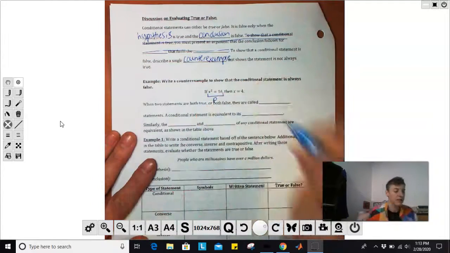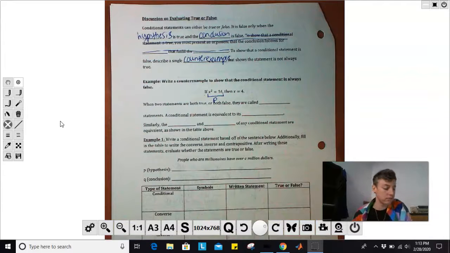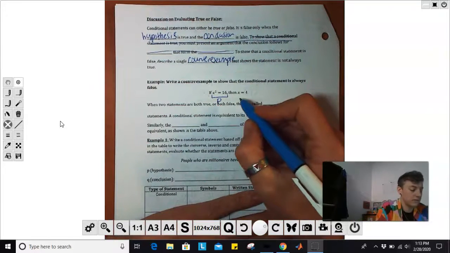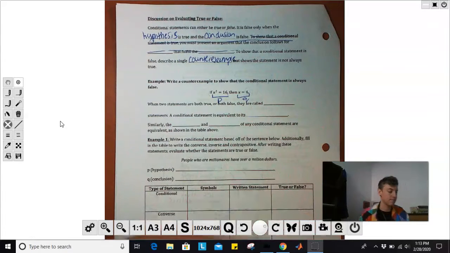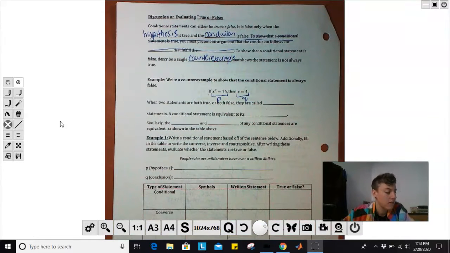P. What's my conclusion? And what letter do we use for that? Nice. So if x squared equals 16, then x has to equal 4. So we can tell by this example that that's not always true.